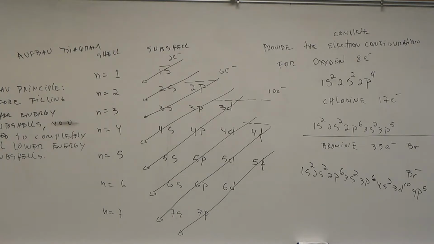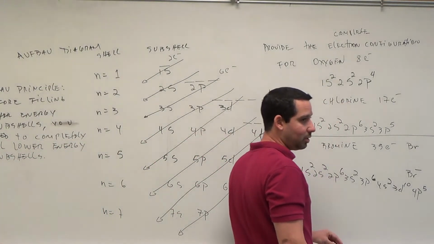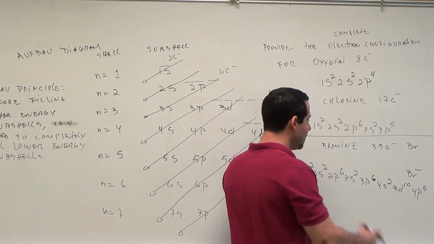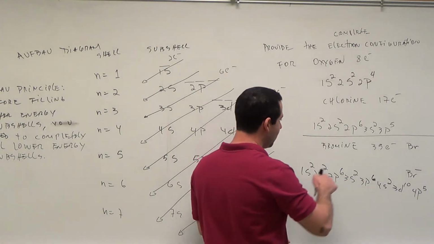If I ask you for the condensed electron configuration, then you can do brackets. But I haven't shown you that yet, so we don't know. If you know that from before, it may or may not be okay on the test. If I am not clear, then you can do whatever you want, as long as it's correct.